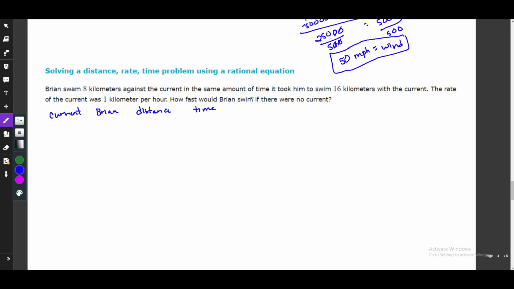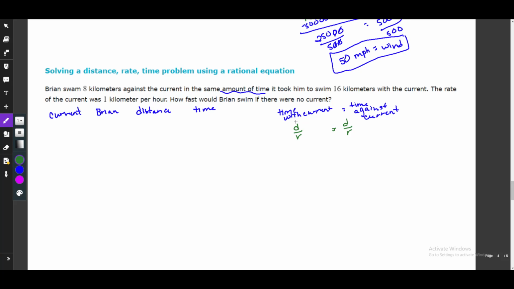All right, and it's the same amount of time. So time with current equals time against current. Using the formulas before, time by itself is going to be distance over r equals distance over r.